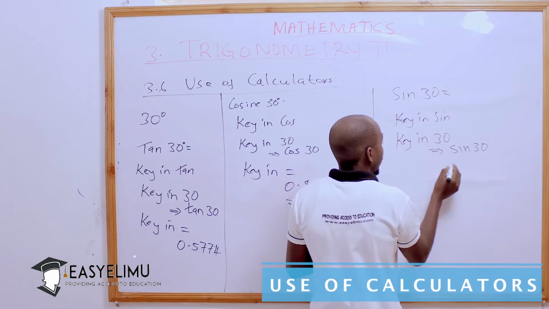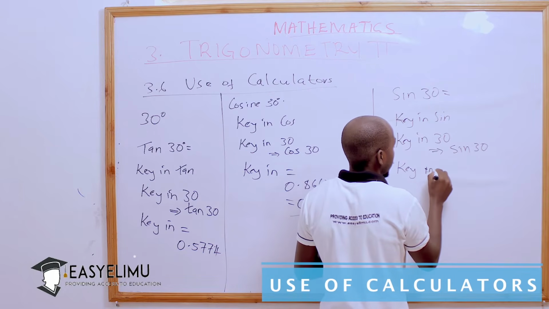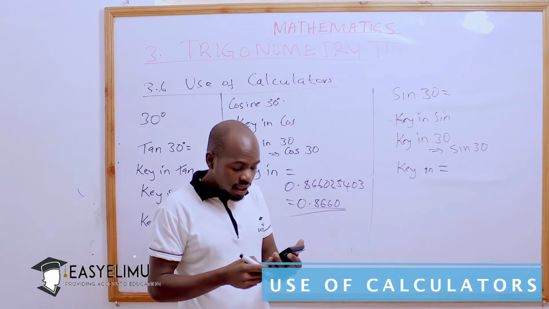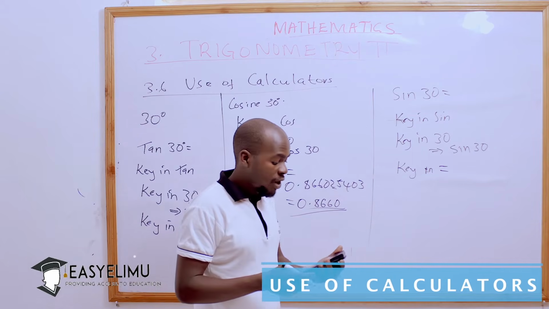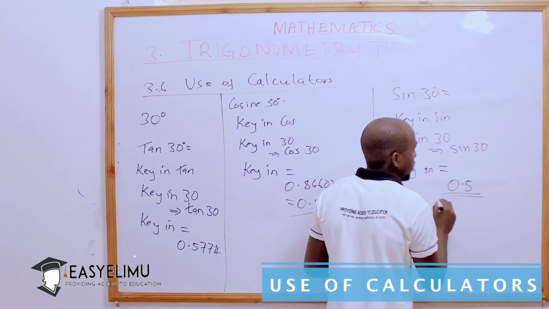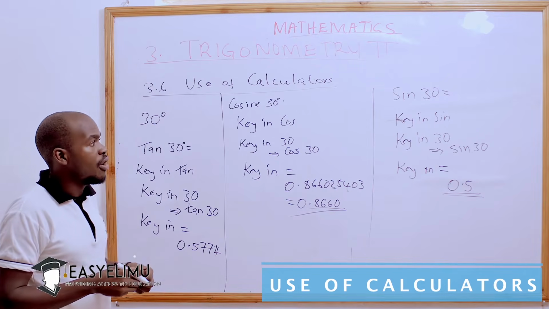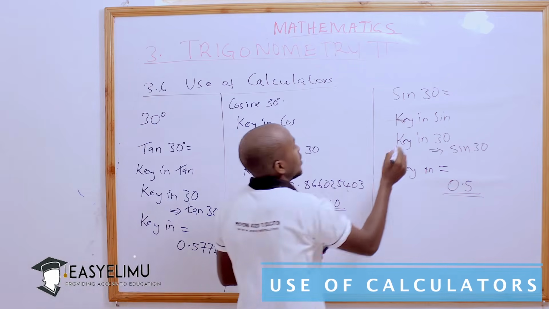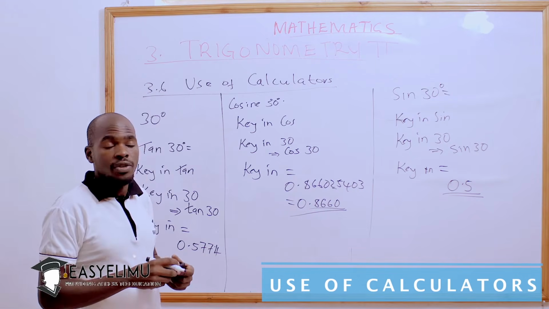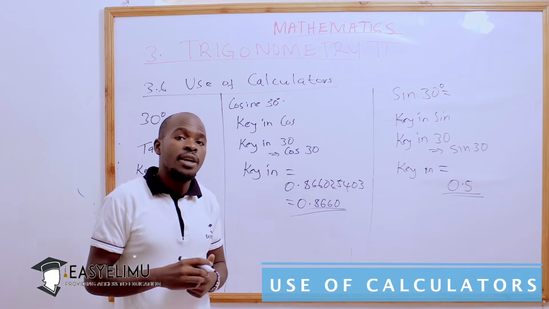After that, you key in the equal sign, and the calculator will display 0.5 on the screen. That means the sine of angle 30 degrees is equal to 0.5.